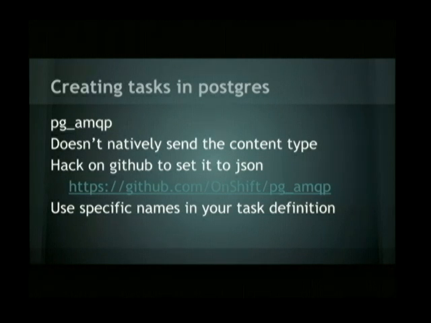The other thing that we ran into was naming of tasks. In Celery, if you don't actually give a name for a task, it uses the path to your particular task as part of the name of the task.